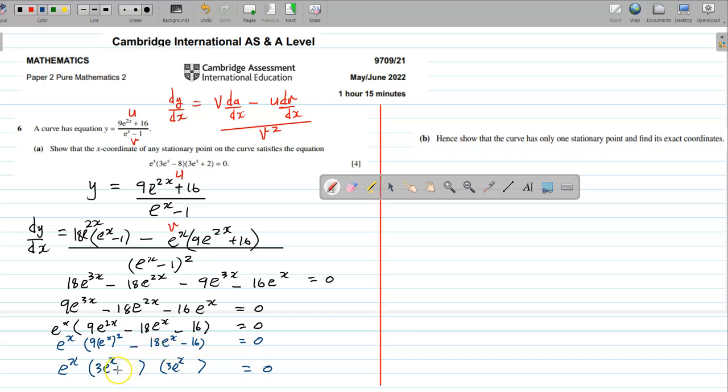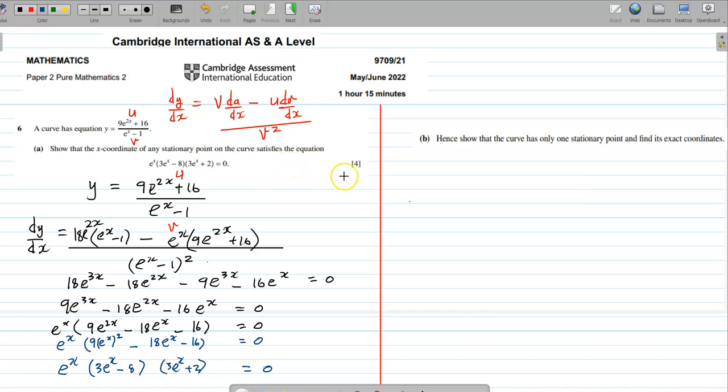So if we have minus 8 here and positive 2, that will give us, yes, that's correct. So it means that we have now written it in the form as required. So we have completed part A of the question.